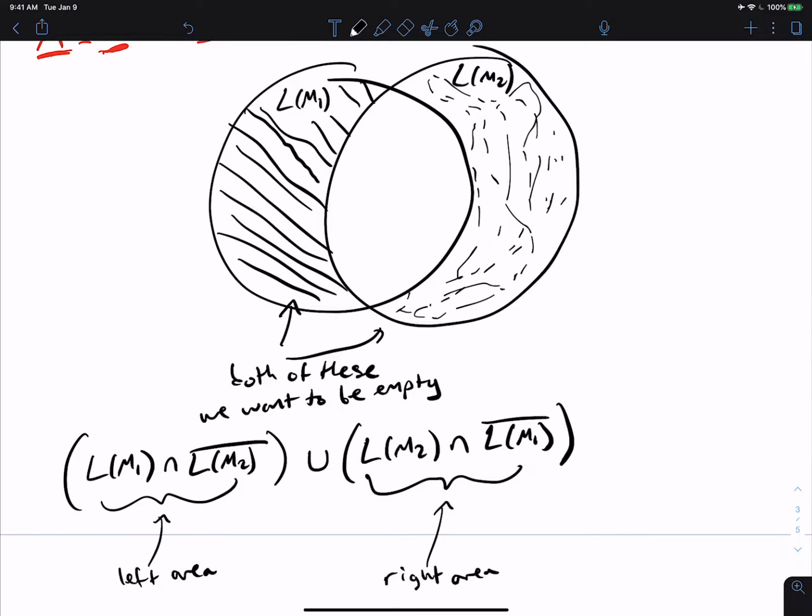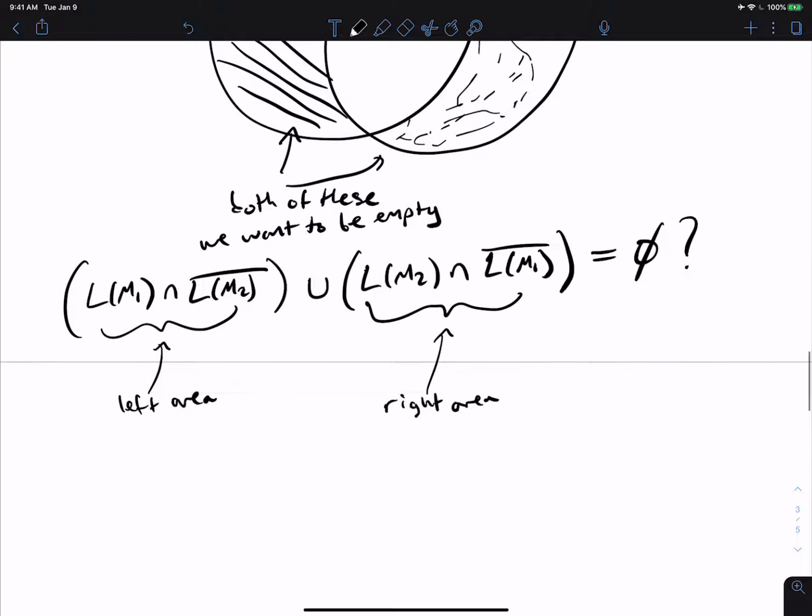So what we're asking here is, is this gigantic expression equal to the empty set? Because if it's not, then, because there's a union in between, one of the two must be non-empty, which means that the two sets are not the same.